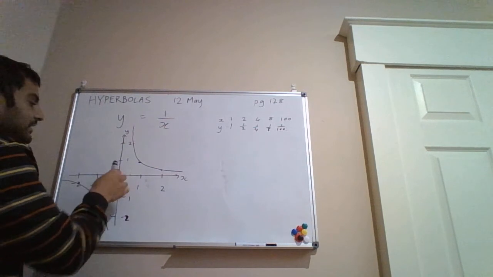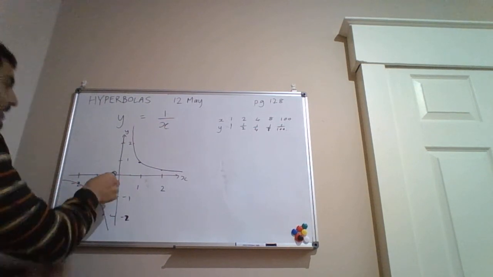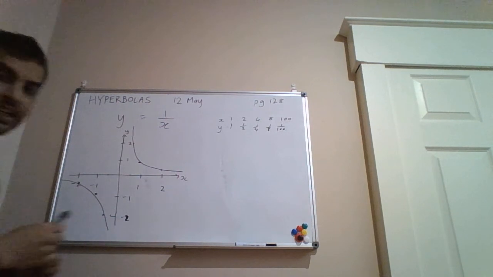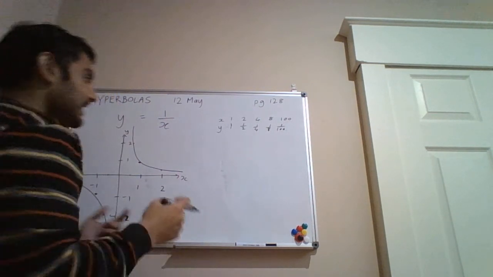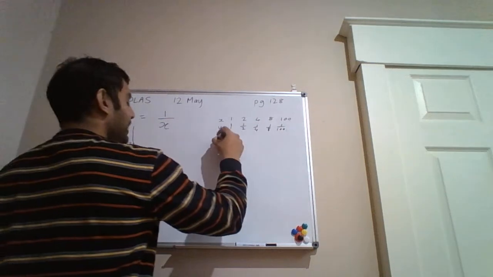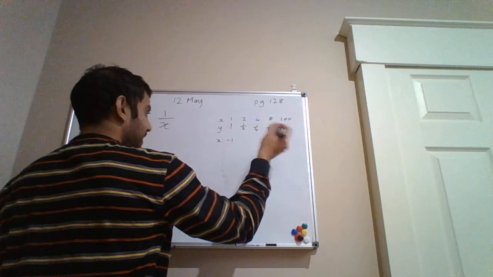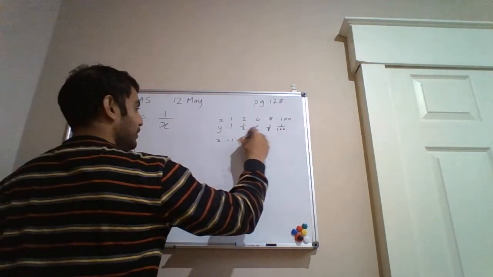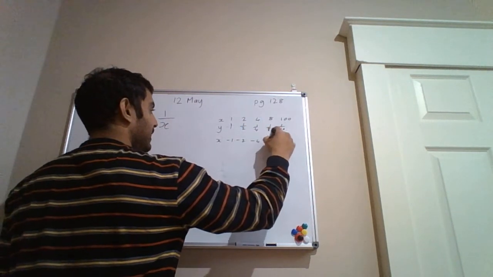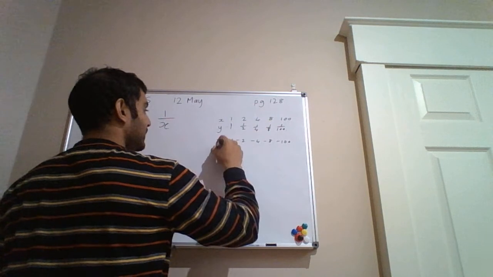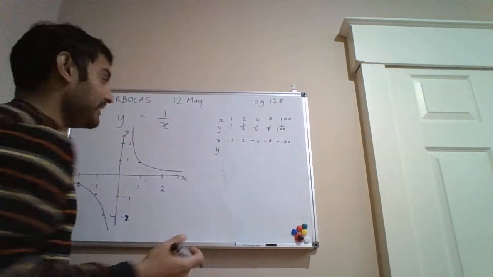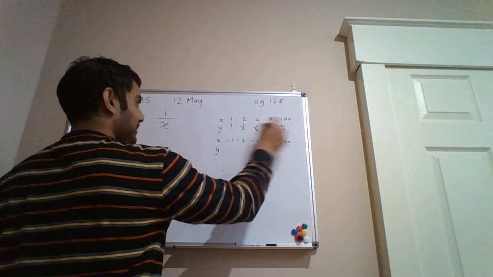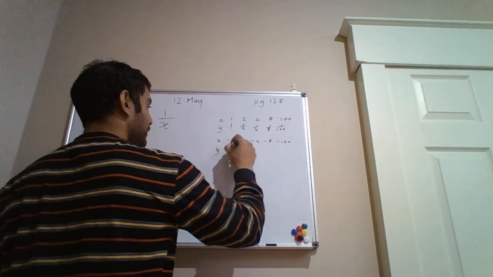Okay, so let's look at what happens on the other side. As we move this way along the x-axis, it means our x value is getting more and more negative, a bigger negative number. So x is negative 1 over there, and then it moves to negative 2, negative 4, negative 8, negative 100. Let's see what happens to the y value. It's the same as over here, it's just that our sign changes.